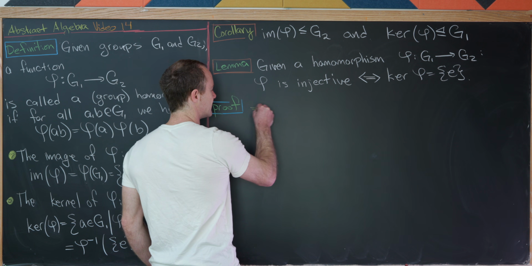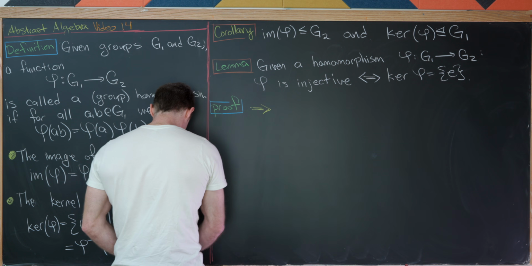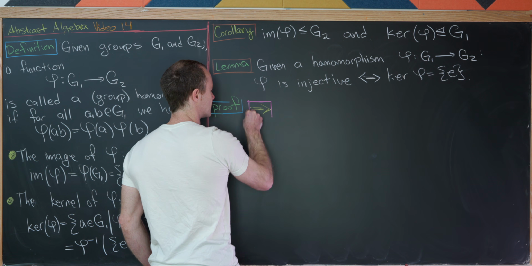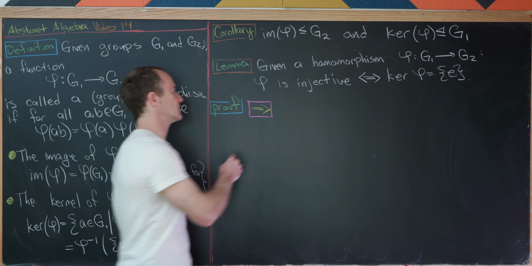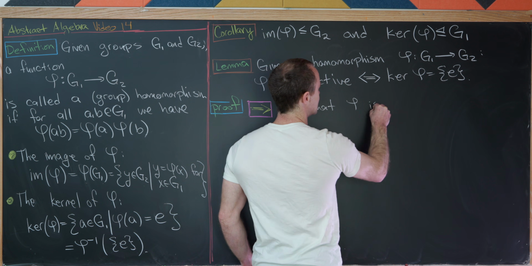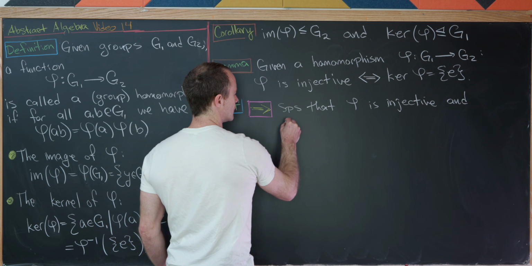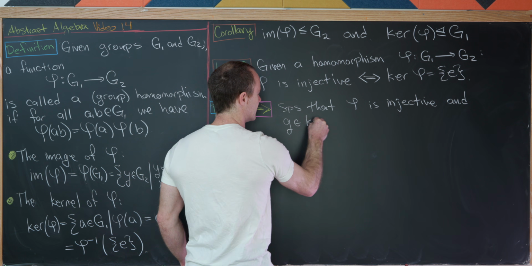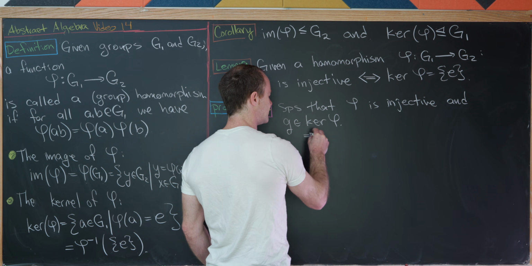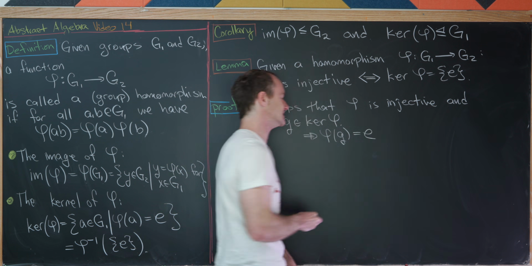Okay, so this is an if and only if statement, so that means we've got two things to prove, a forward direction as well as a reverse direction. So let's do the forward direction first. Let's suppose that phi is injective and that something we'll call G is inside of the kernel of phi. But notice that G being inside of the kernel of phi is exactly the same thing as saying that phi of G equals the identity.